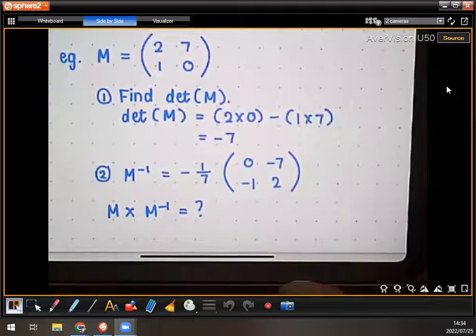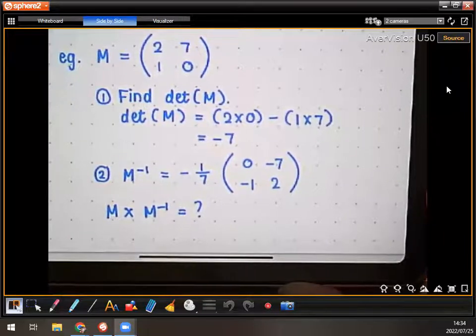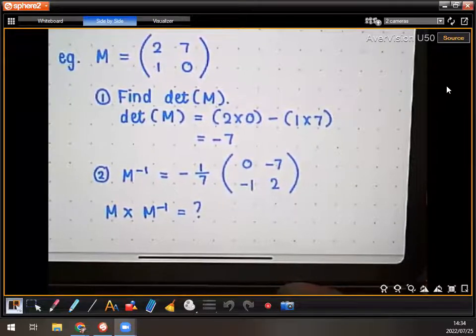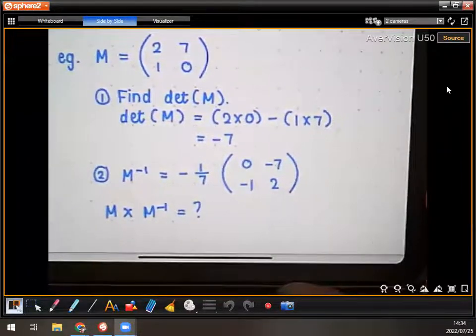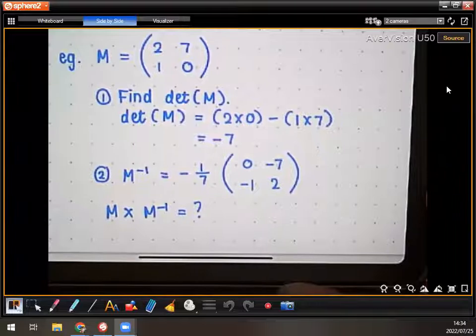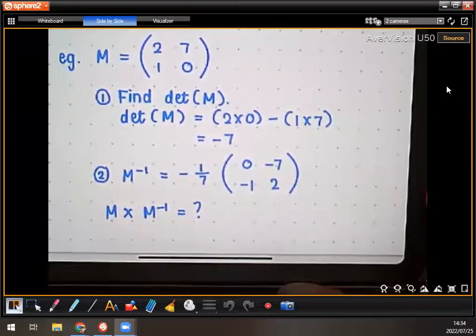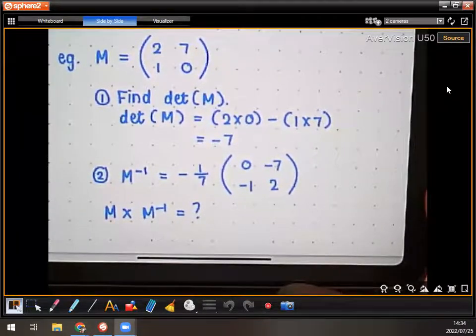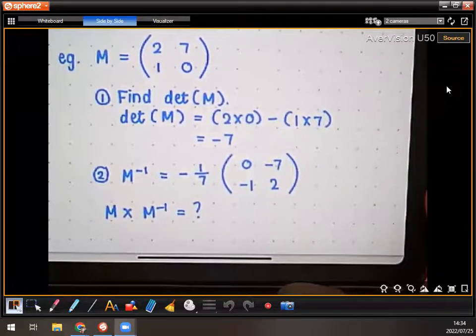In order to multiply the two matrices together, I suggest that you multiply negative 1 over 7 by each element. And then you're going to do your row by column, row by column, row by column thing. Do that for me quickly, guys, please.